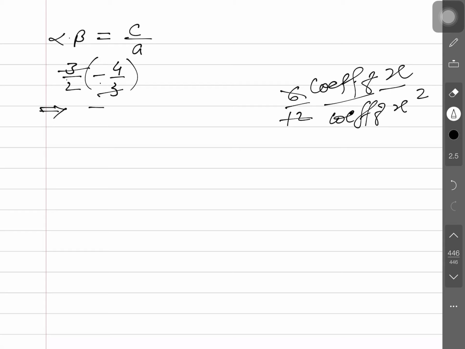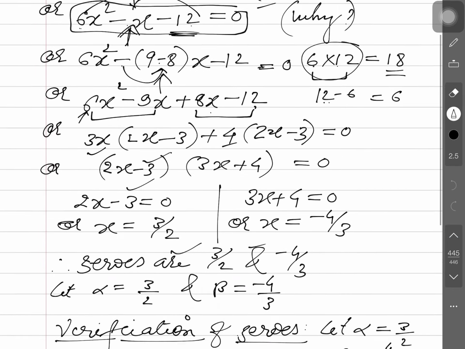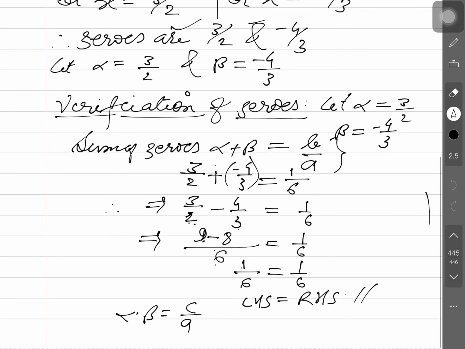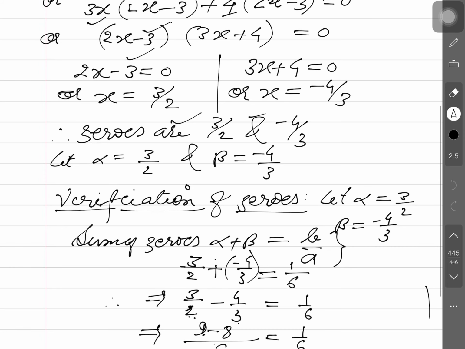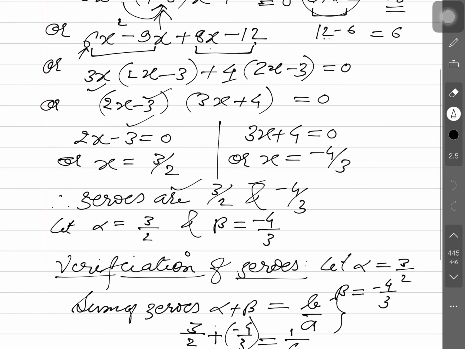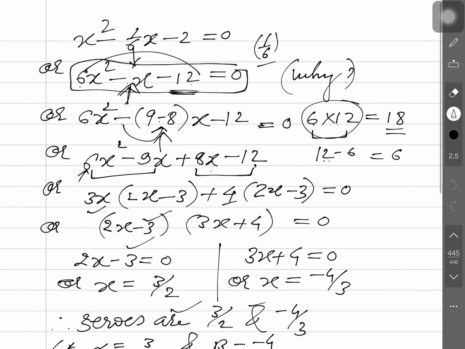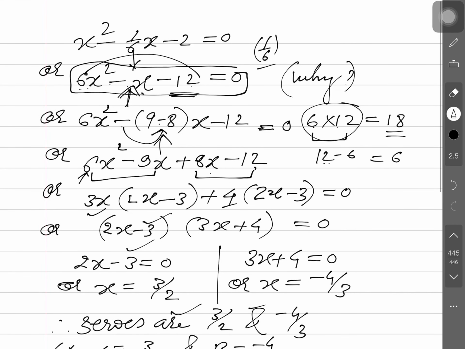So what is that here? 3 4s are minus 12 divided by 3 3s are 6. You may see what's occurring here. See on the question paper here, the quadratic equation is occurring. This is the quadratic equation, 6x square minus x minus 12.